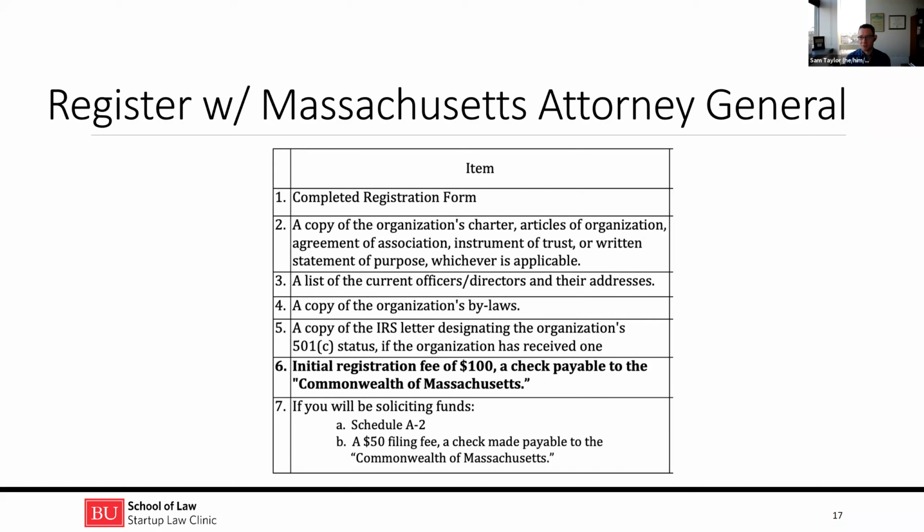The Attorney General's office, the Attorney General is the head attorney for the Commonwealth of Massachusetts. And so you may be wondering, well, why are we registering with the head law enforcement person in the state? And that's because if you form a nonprofit, as we've mentioned throughout this presentation, you're expecting the community to put a lot of trust in you. You may be soliciting donations. People expect that you're advancing your charitable purpose.